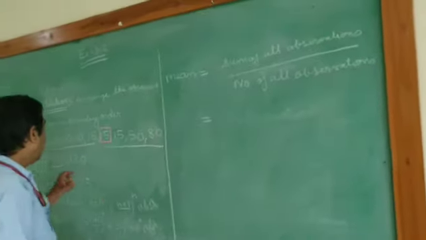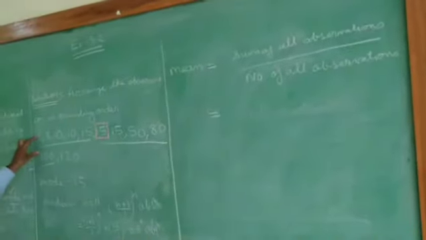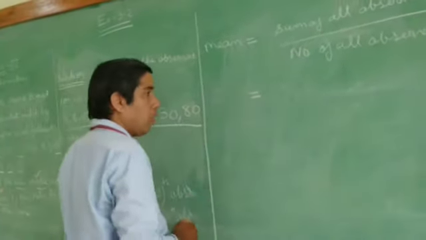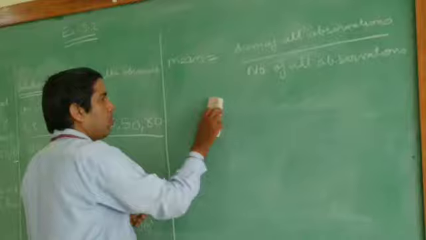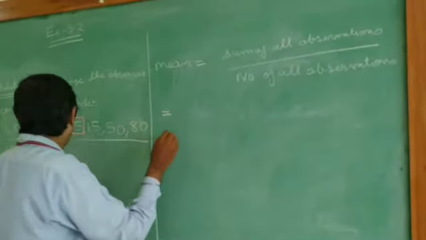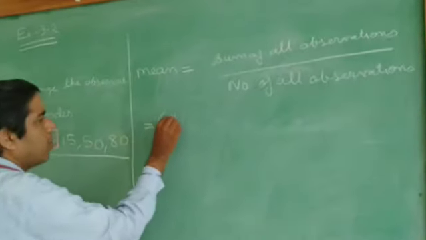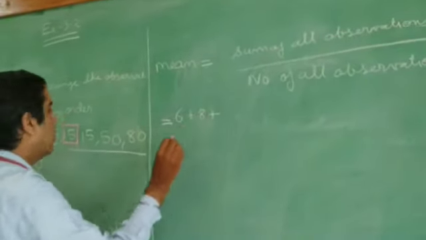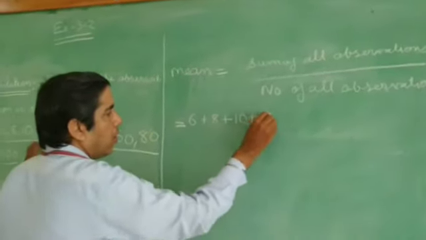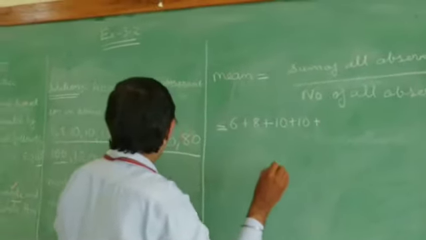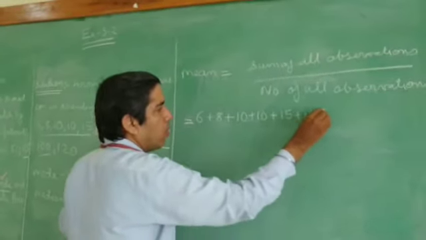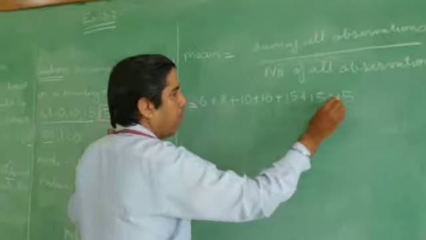So I am going to use all the observations here. Sum of all, I want to add them all, so I will write them like this: 6 plus 8 plus 10 plus 10 plus 15, how many? 3. So 1, 2, 3, 15.